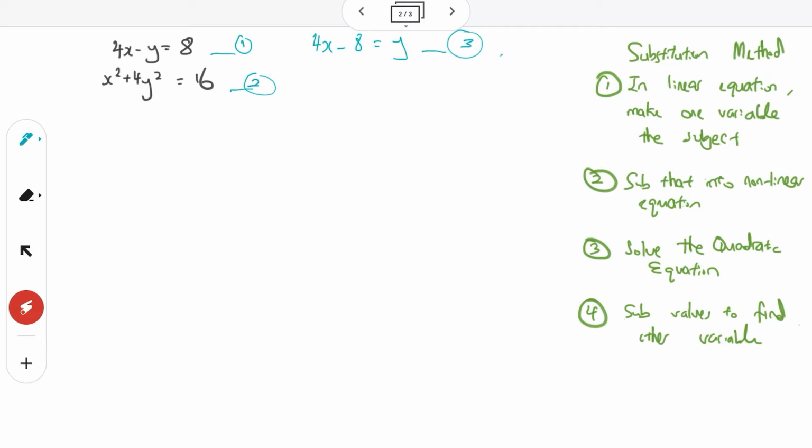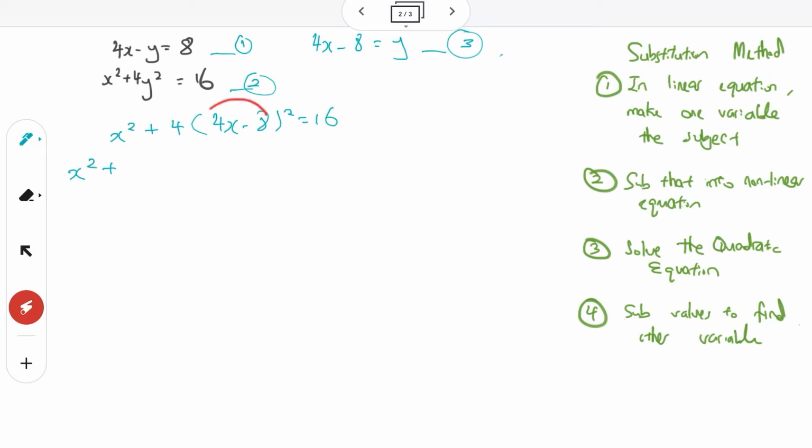Step 2 is to substitute this equation, the new equation we just obtained, into the non-linear equation. So from equation 2, I am going to put in the value of y from here into here. And I'm going to open this brackets up.